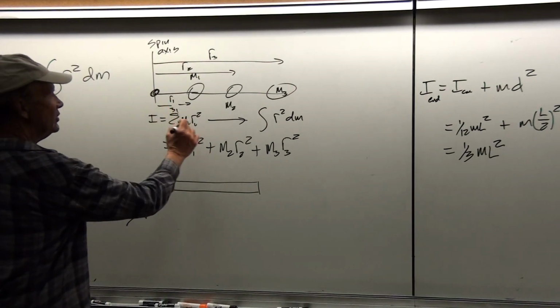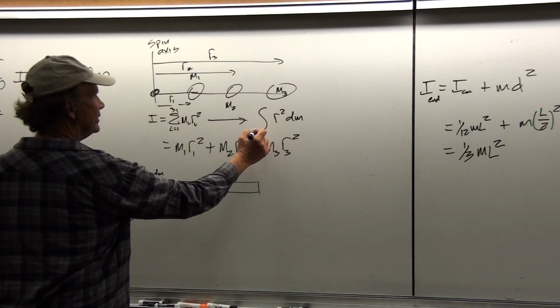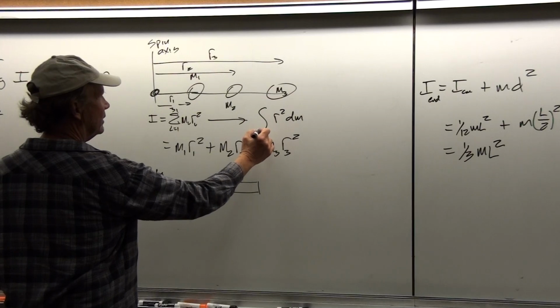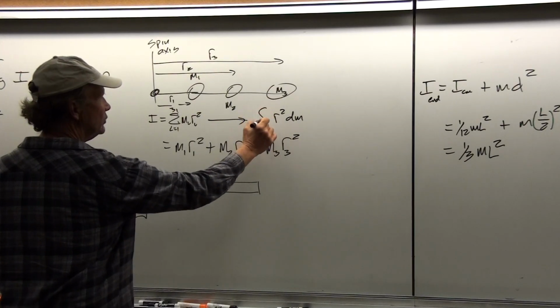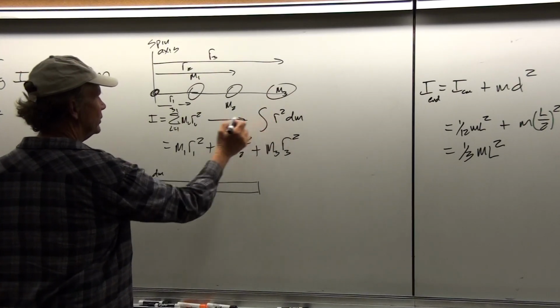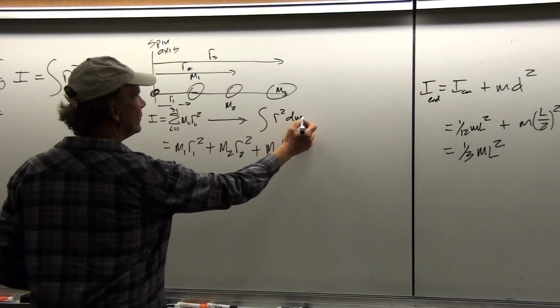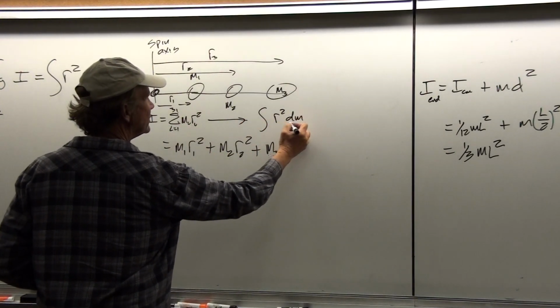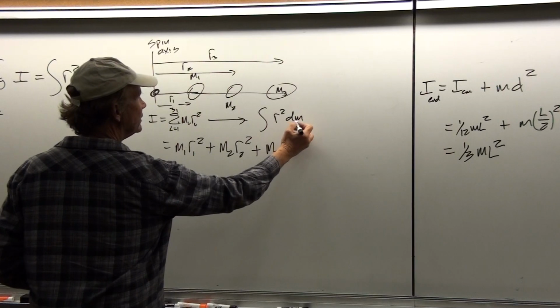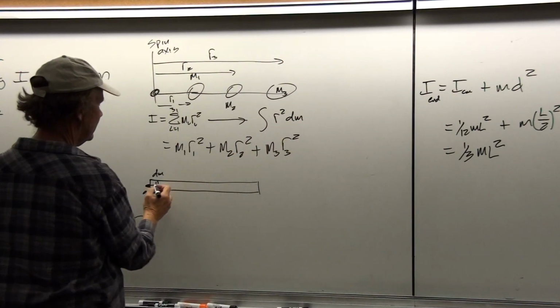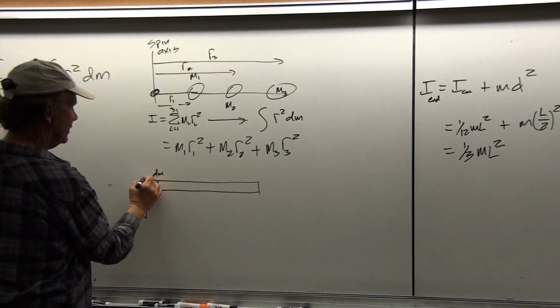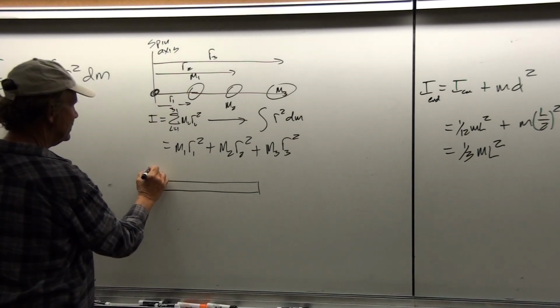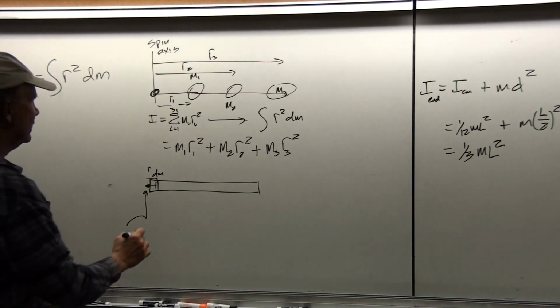In a continuous mass distribution, the sum becomes an integral over a bunch of infinitesimal mass elements. Each one of these dm's has a certain r associated with it.